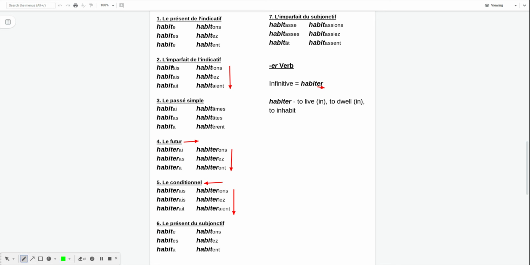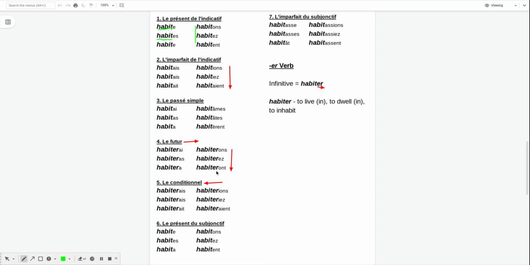So here, for example, habite, all of these singular and plural forms here are going to stick with that infinitive minus the er. There's other things you can look at here that are very interesting.